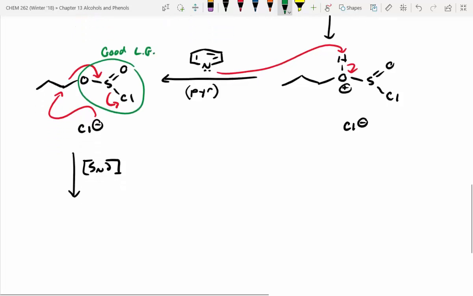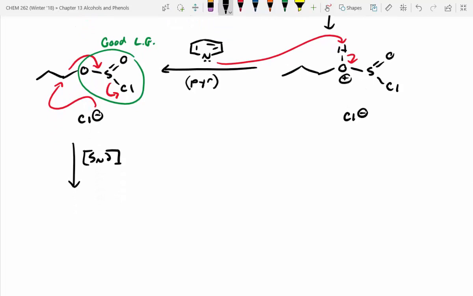And let's take a look at why it's a good leaving group by assessing our products. If we look at our products from this reaction, let me be thorough and include the pyridinium salt.